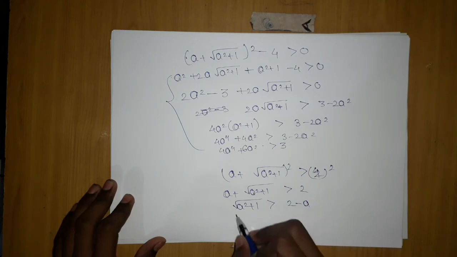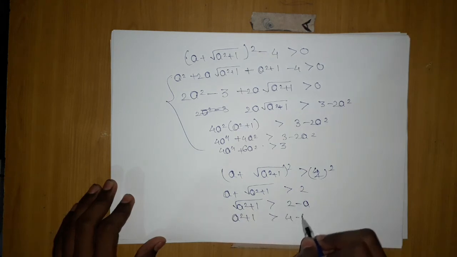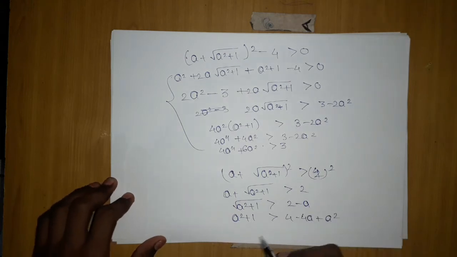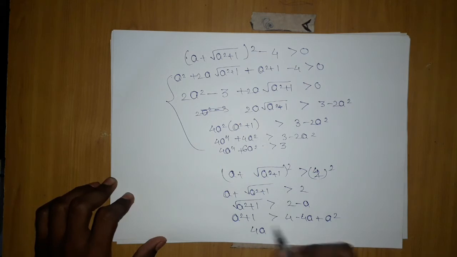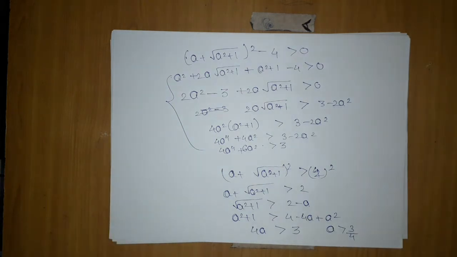If I square it, I get a square plus 1 greater than 4 minus 4a plus a square. This a square will be eliminated, so 4a should be greater than 3, so a should be greater than 3 by 4. What does this mean and what does it give us?